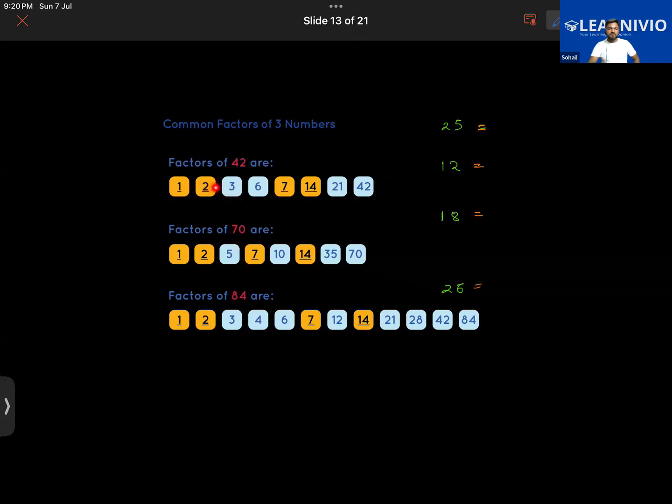Their factors have been first of all written, from 1 to 42. For all these numbers, their factors have been written. Then we observe which factors are common, which are found in all three of them. That has been marked with the yellow color. Same thing you have to do here also. Write down all the possible factors of 25, 12, 18, and 26. Then circle them. Then your answer will be there. As simple as that.